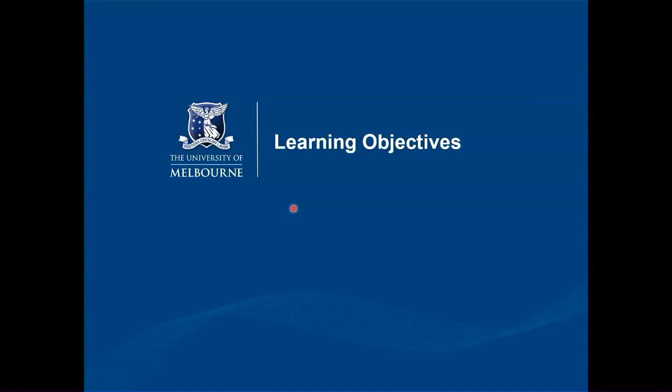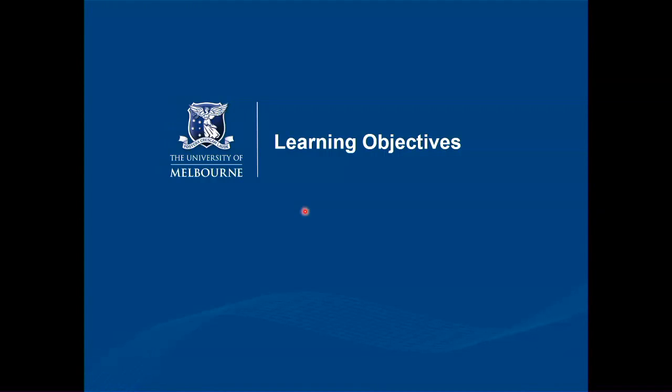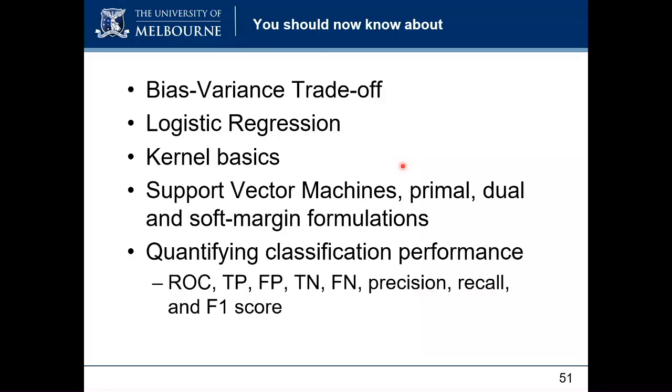I mean, people keep asking me what is important and what is not important for the final exam. What should I know? Because I cover a lot of topics. This year I tried to put the learning objectives, what you should know, at the end of each slide set. So this should give you an idea.